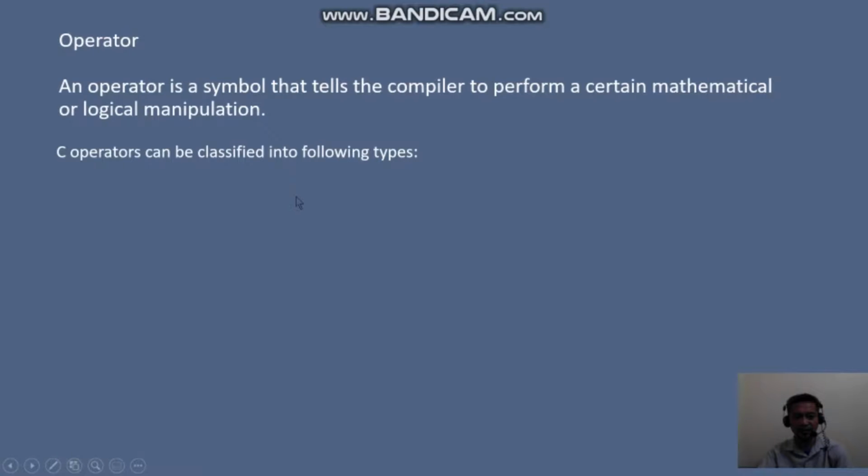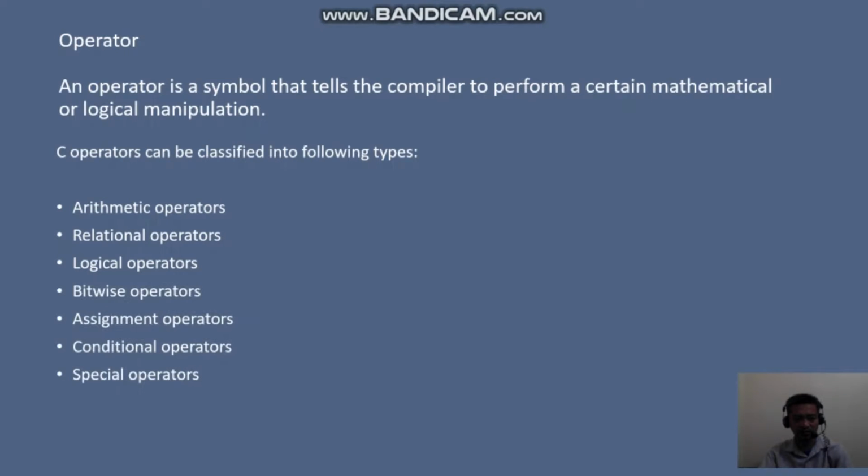Operators can be classified into the following types: arithmetic operators, relational operators, logical operators, bitwise operators, assignment, conditional, and special operators, respectively. In this first module, we will be defining the arithmetic operators. The rest of these operators will be discussed in the upcoming module 2.